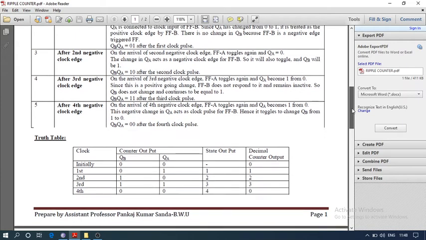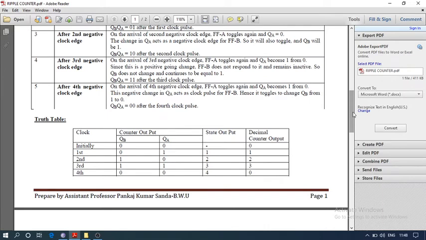So the truth table is like this: clock, counter output, and decimal counter output. Initially the counter is reset, so 0 0. Then first QA will change but QB will not change, because this is a positive change and the flip-flops are negative edge triggered.